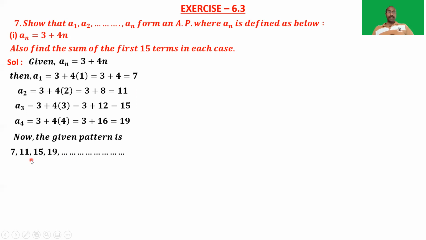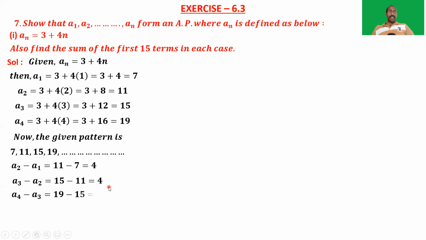Okay. Now, we need to show that this pattern is an arithmetic progression. For that, we have to prove that the common difference throughout the sequence is the same. So let's find the common difference between each two terms. First take A2 minus A1. A2 minus A1 is 11 minus 7 is equal to 4. A3 minus A2 is 15 minus 11 is equal to 4.